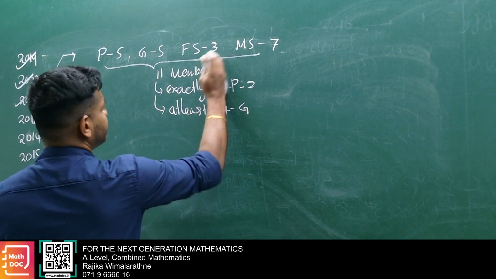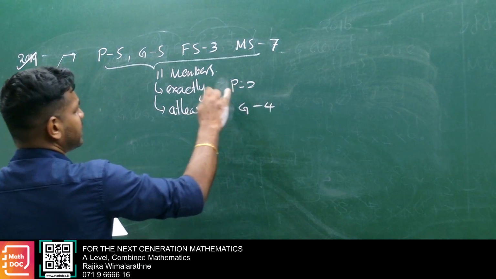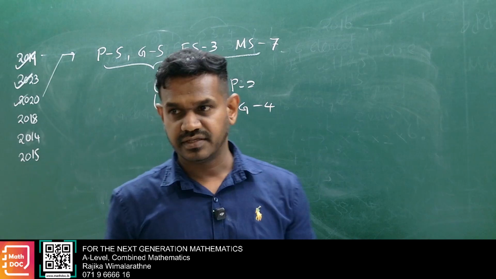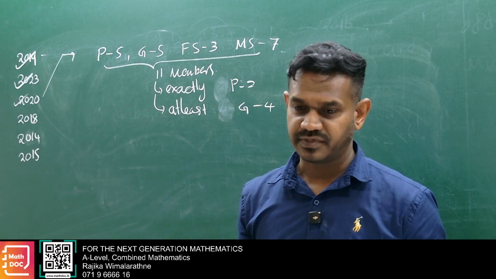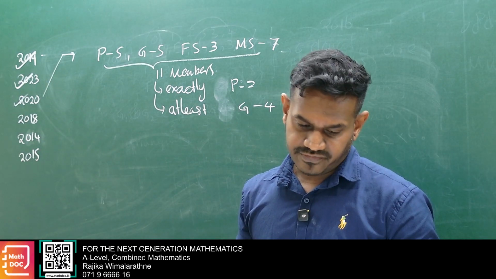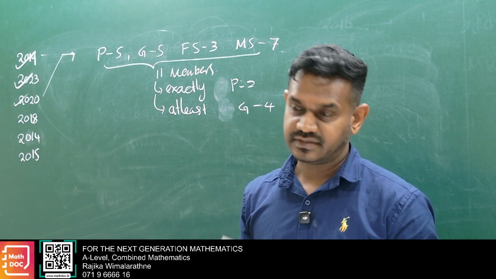At least 4 guitarists means 4 guitarists possible, 5 guitarists possible. Find the number of different such musical groups that can be selected.